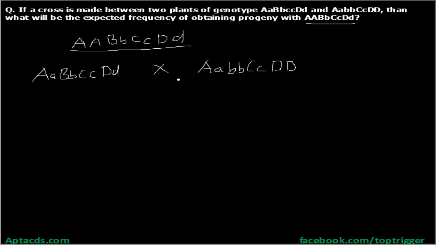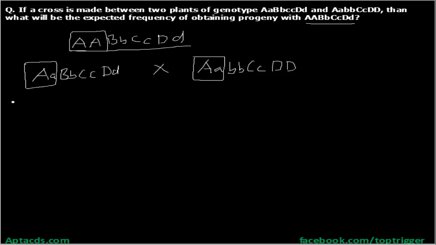Now what should be our strategy? Since we have to get a genotype in which a very specific number of genes are required, for instance we are looking for a combination in which there should be capital A and capital A. Now these two capital A can be obtained by individually crossing these capital A and these capital A.